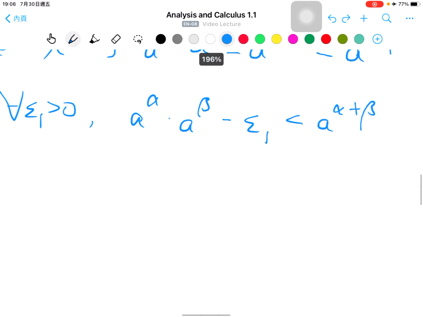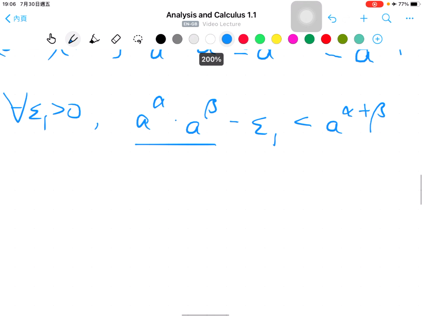So we have this. If a number minus some arbitrary thing would immediately be smaller than something else, then we can conclude that these two numbers have such a relationship. A to the alpha times a to the beta, our first number, subtracted something would be smaller than the other thing, then it either has to be originally already smaller, right?